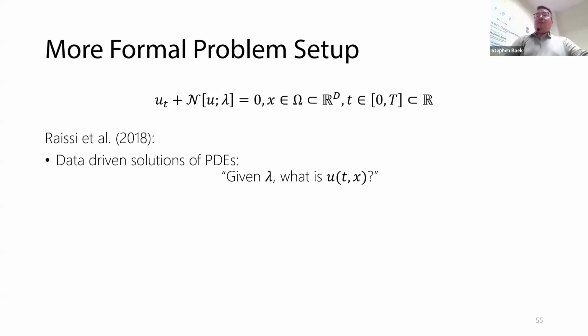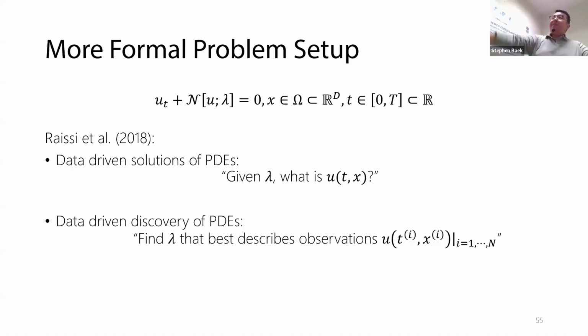And in each of those parts, they propose slightly different use cases of PINN. So in the first part, they talk about the data-driven solution of PDEs. So given a partial differential equation, how can we solve those partial differential equations using a neural network is part 1 of this paper.